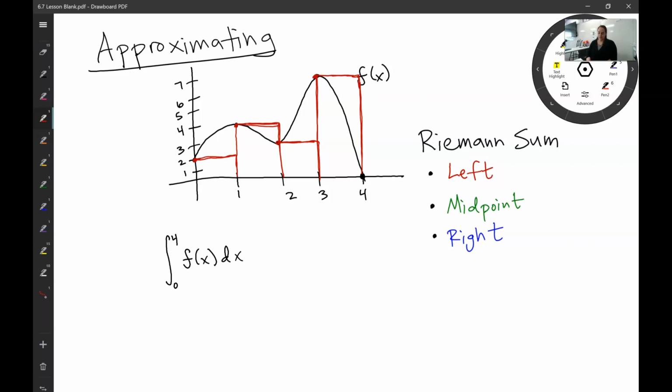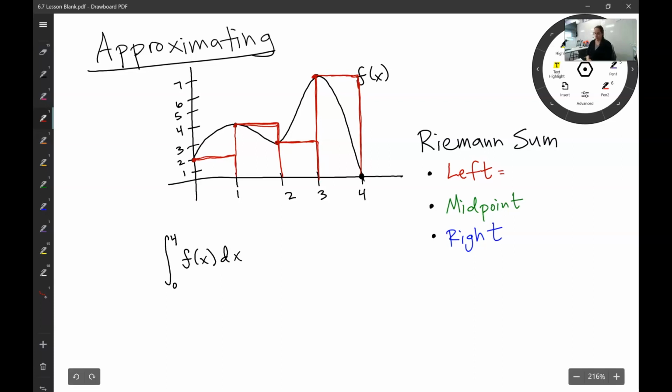That would be our left Riemann sum, where we would just find the area of all of these rectangles and add them together. So 2 times 1 plus rectangle 4 times 1 plus this one is 3 times 1 plus this last one is 7 times 1.